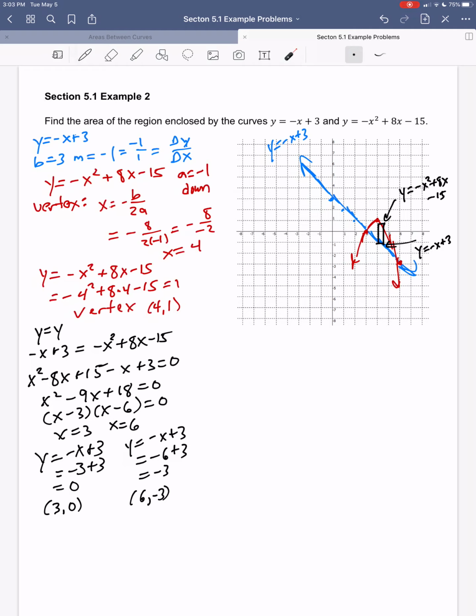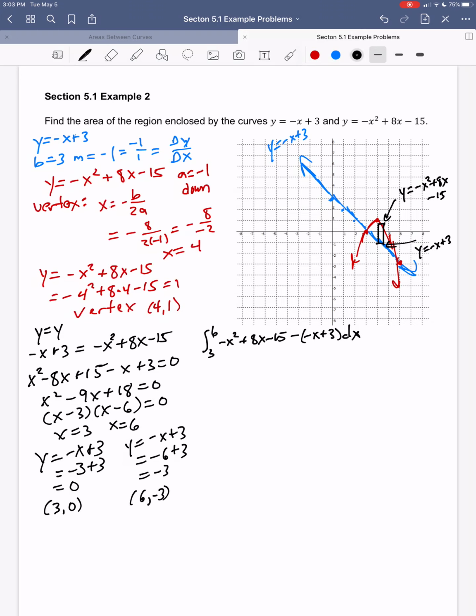And then the width is just going to be my little delta x or dx. So my area is going to be the integral from 3 to 6. My top is negative x squared plus 8x minus 15. And I'm going to subtract off the bottom, which is negative x plus 3. Be careful to put that in parentheses.